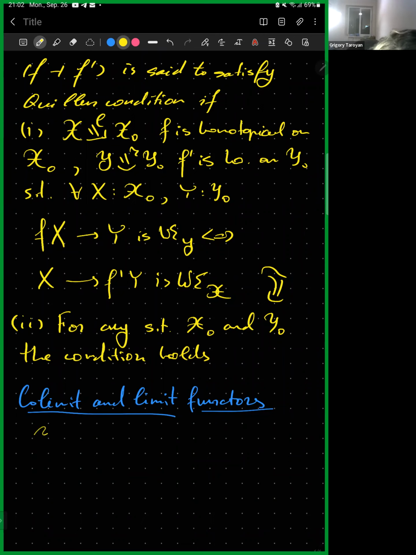Okay, so assume that X and D are both categories, not necessarily small.